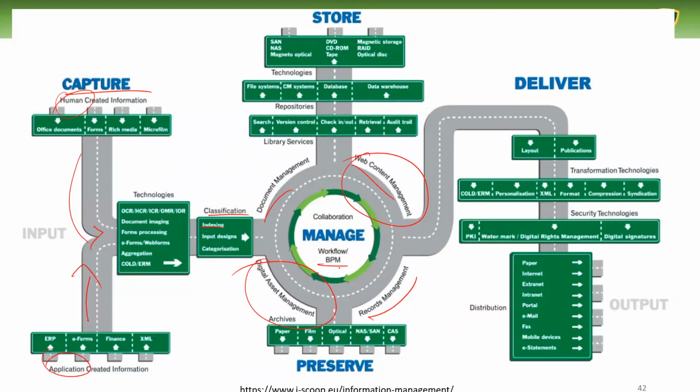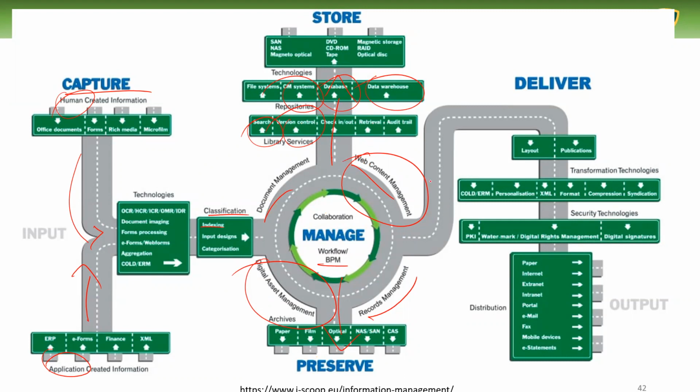There's often a preservation of material for the long term that needs to be considered. Also the storage after the capture and the collection and the classification. So working with data warehouses, databases, version control, searching the information, content management systems. This is all relevant technologies and processes in the information lifecycle.